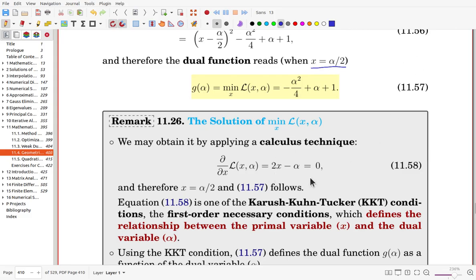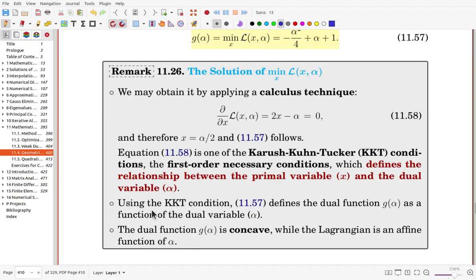This is one of the KKT conditions, or the first order necessary conditions. For this problem, this condition defines the relationship between the primal variable and the dual variable. Using the KKT condition, that defines the dual function as a function of the dual variable, because with the relation x can be eliminated.